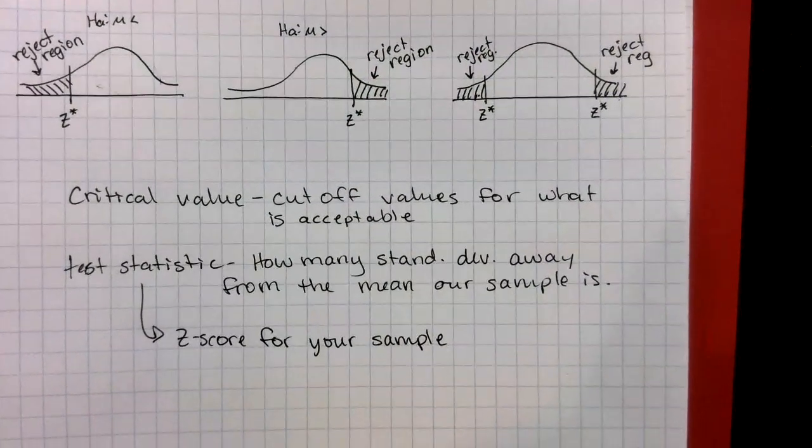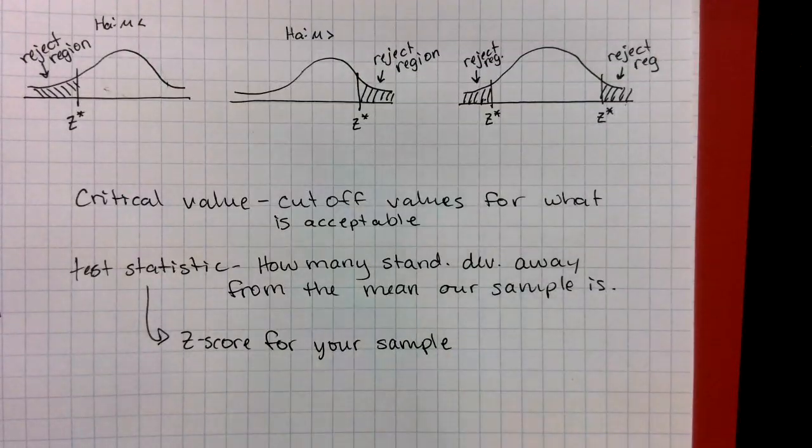Based on the null hypothesis, we have an idea of what this mean might be approximately. What we're trying to figure out is, when we take a sample, is it relatively close to that? If it's relatively close, then we'll say, okay, maybe your original claim wasn't so bad after all.